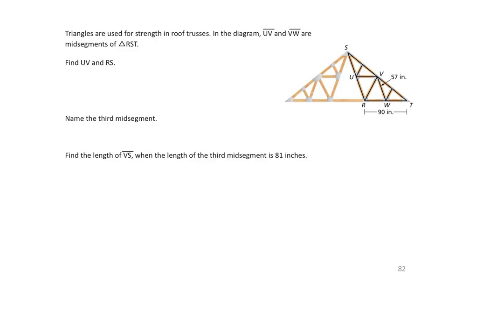So we have 2 mid-segments, UV and VW. Those 2 segments are mid-segments. They tell me they're mid-segments. I don't have to prove that they are, okay? So I want to find UV and I want to find RS, okay?